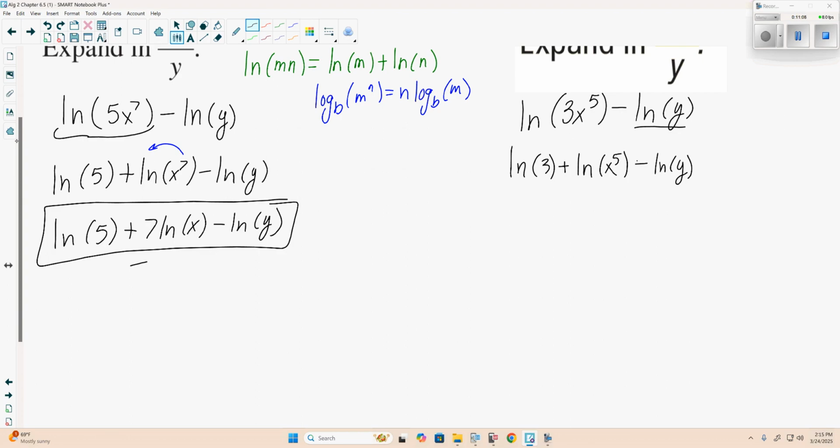And lastly, we're going to apply our power property and move the 5 up front.